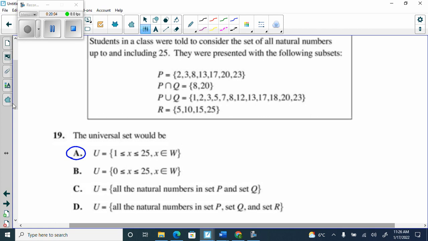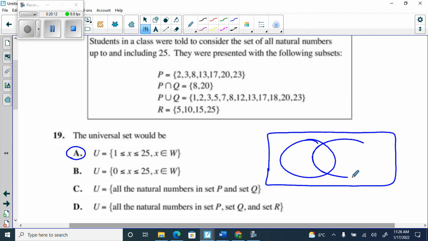So we could draw this out. We could go P, we could go Q. P and Q is 8 and 20. P has 2, 3, 8 already in there, 13, 17, 20 already in there, and 23. And then or is the snowman, so it's the whole thing.